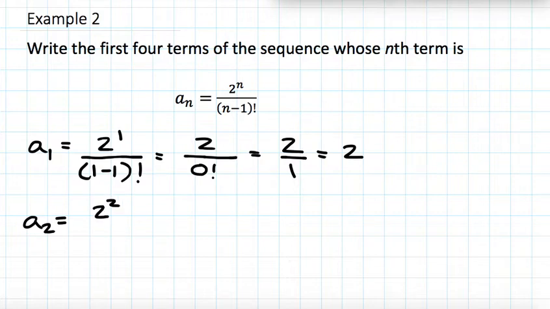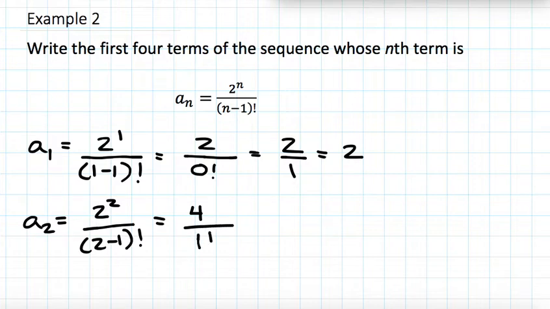Next I'm going to plug in 2. So 2 squared is 4. And 2 minus 1 is 1. So 4 over 1 factorial. And like we said earlier, 1 factorial is just 1. 4 over 1 is equal to 4.